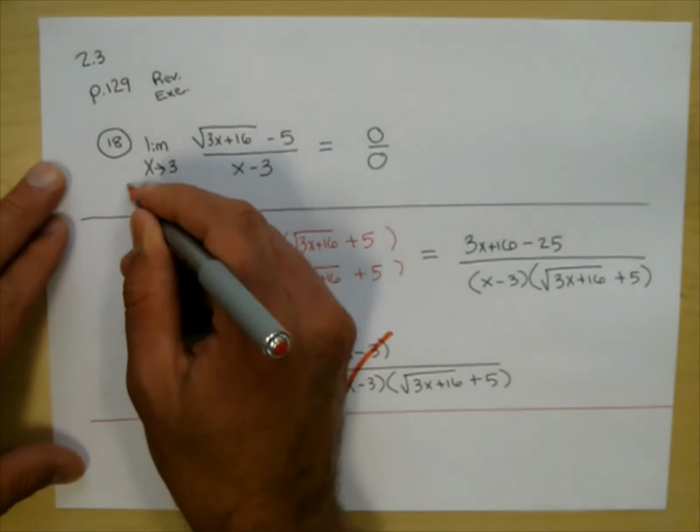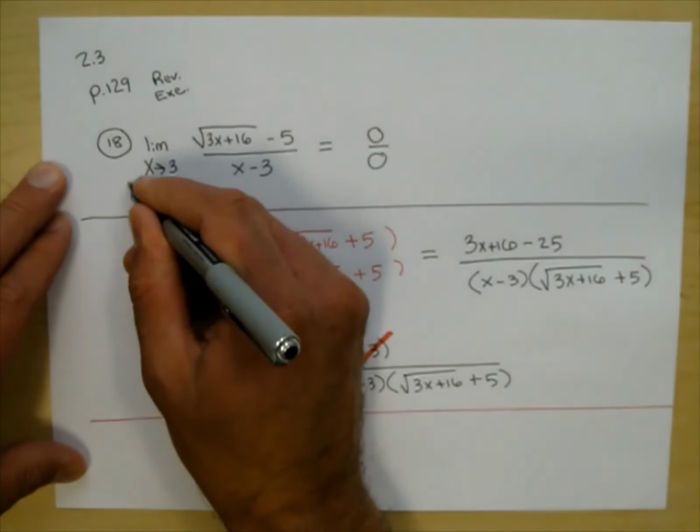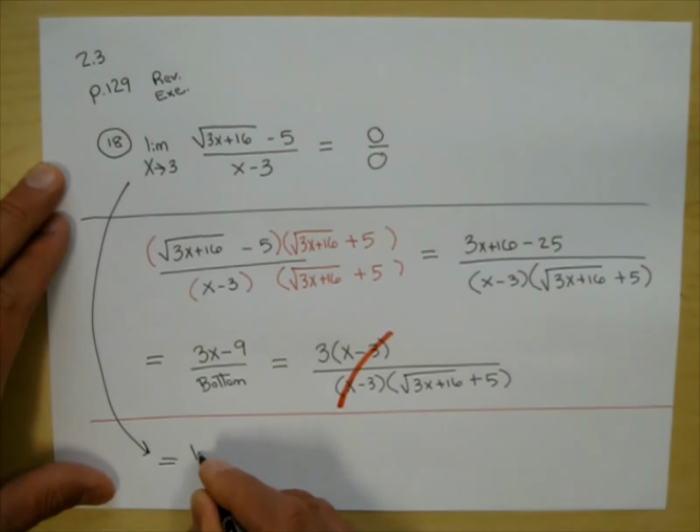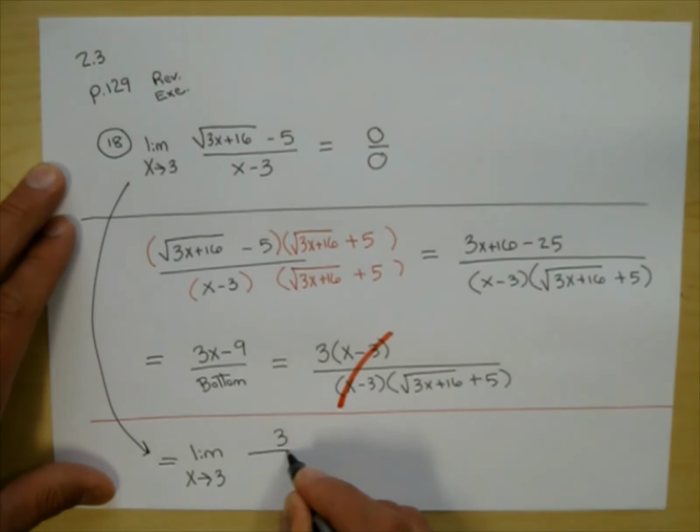So this problem right here equals the limit as x approaches 3 of this simplified expression here, 3 over the denominator. I'm going to have nightmares about writing out this denominator tonight.